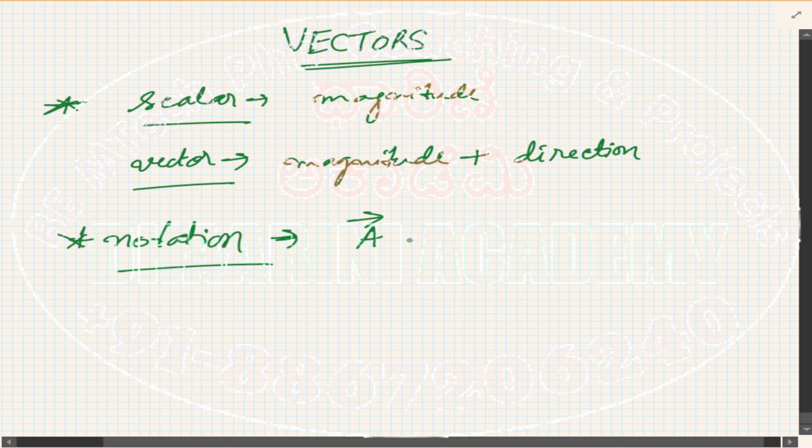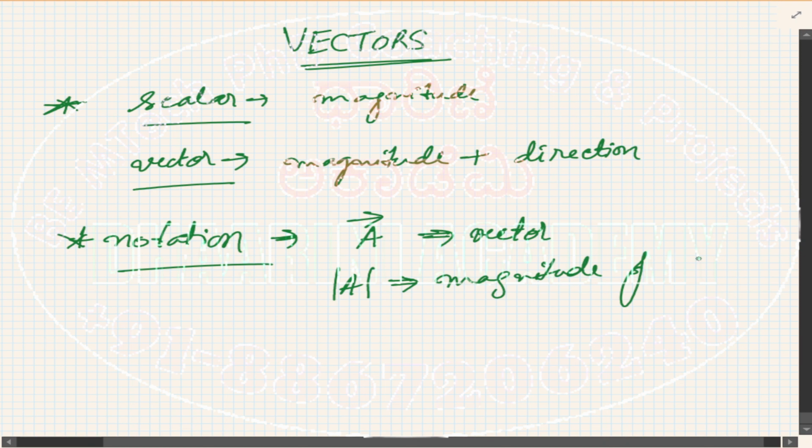Direction will be denoted by some angle associated with it. This indicates a vector. If I write it like this, this is the magnitude of vector a.